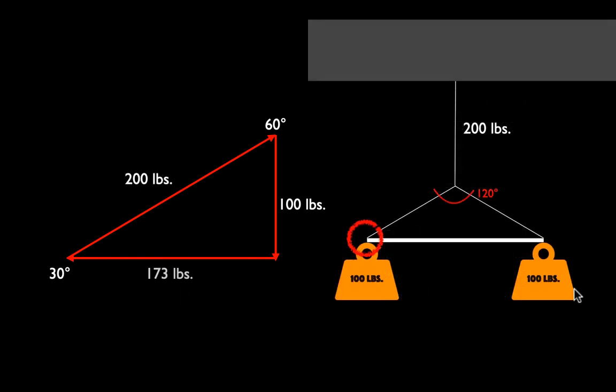So if we take the force triangle and we transfer it back to the structure and we compare it with the internal stresses that we had in the previous iteration, we find that we have much, much bigger loads than we had previously. And to a structural engineer, this is going to be a problem, right?